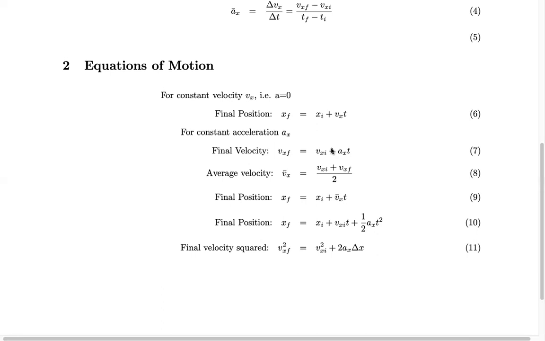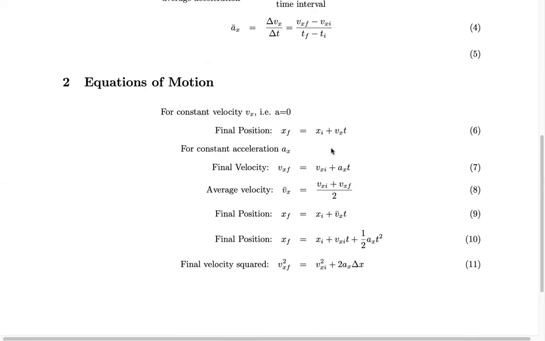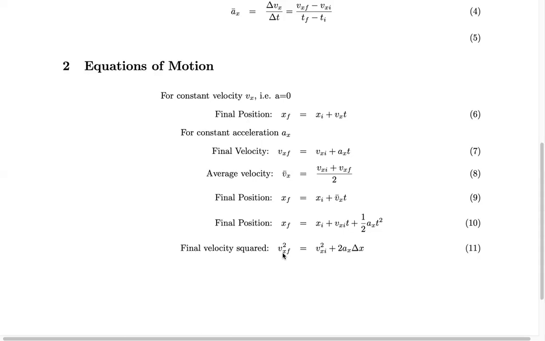We have V final squared equals V initial squared plus 2 times the acceleration times the distance traveled. So we're going to use that in one of the equations, the displacement. So V final squared equals V initial squared plus twice the acceleration times the displacement.